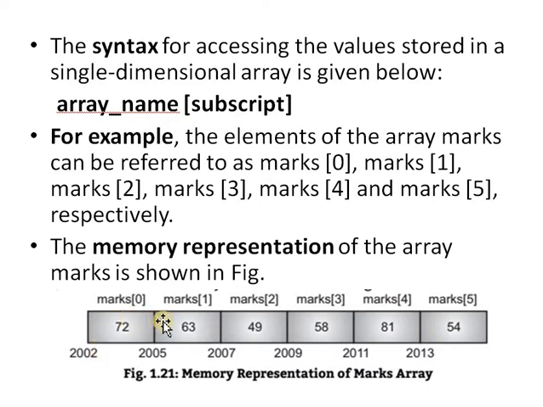Here 72, 63, 49, 58, 81, 54 are the array elements, and here is the index of the array. This is the procedure for how to access any element from the array.